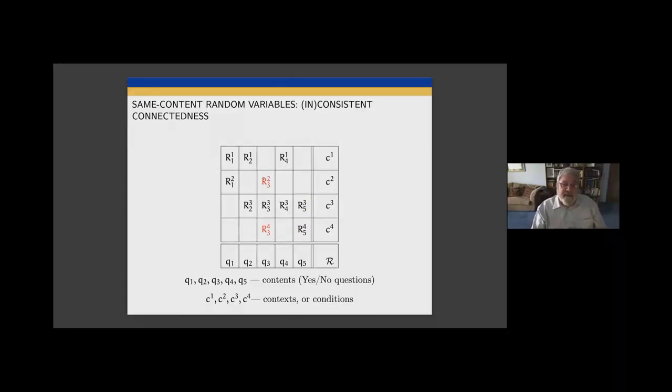So if you take two random variables within a connection, answering one and the same question, and if their distribution is one and the same, we speak about consistently connected systems. And if it is not necessarily true, so it is possible that for some two random variables the distributions are different, then we say that the system is inconsistently connected.